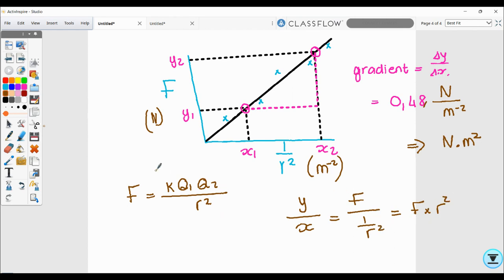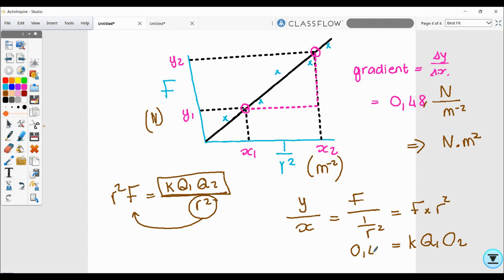Don't forget the square. Can you see that if you take this to this side of the equation, it gives us this as a leftover? Can you all see that? Yes, sir. This is equal to k Q1 Q2. And we have our gradient already. We know that that is equal to 0.48.